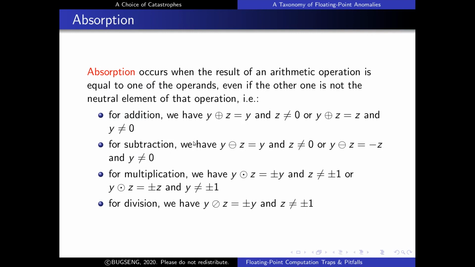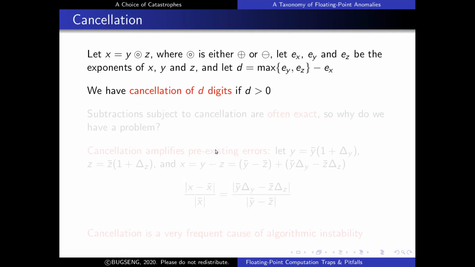Similarly, we can have absorption for subtraction or for multiplication. So let's look at absorption for multiplication. We have that y times z results in plus y or minus y, but z is neither plus 1 nor minus 1. So z has been absorbed into y. And similarly for division.